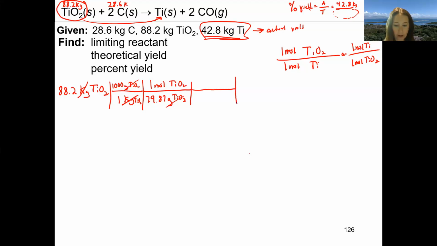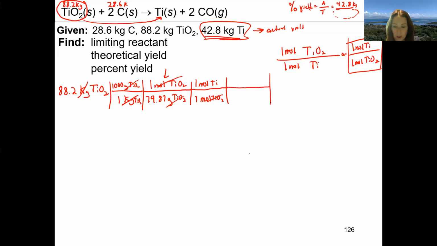My whole goal here is to get to my mole ratio. So if I get to my mole ratio, then I can get to my product. So I can see I'm going to use this one. Why? Because I want moles of TiO2 on the bottom. So that means moles of TiO2 on the top. Okay.